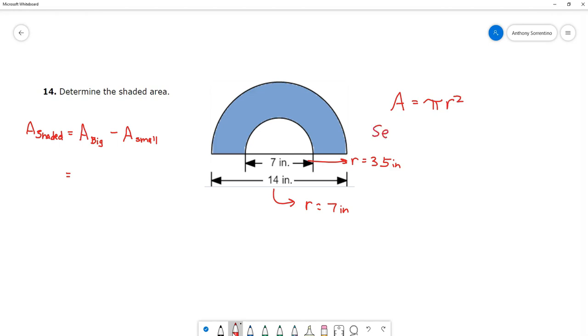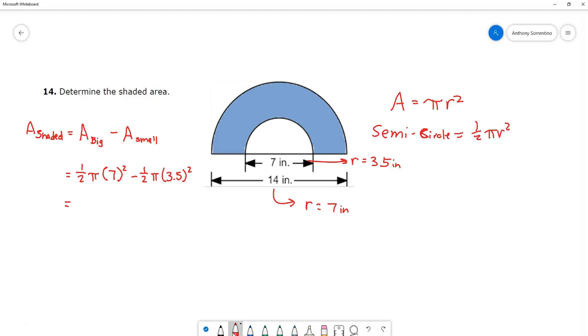So a semicircle, which is half a circle, which is what this is made up of, would be 1/2 pi r squared. So the area of the bigger semicircle would be 1/2 pi times 7 squared, minus the area of the smaller semicircle, which would be 1/2 pi times 3.5 squared.